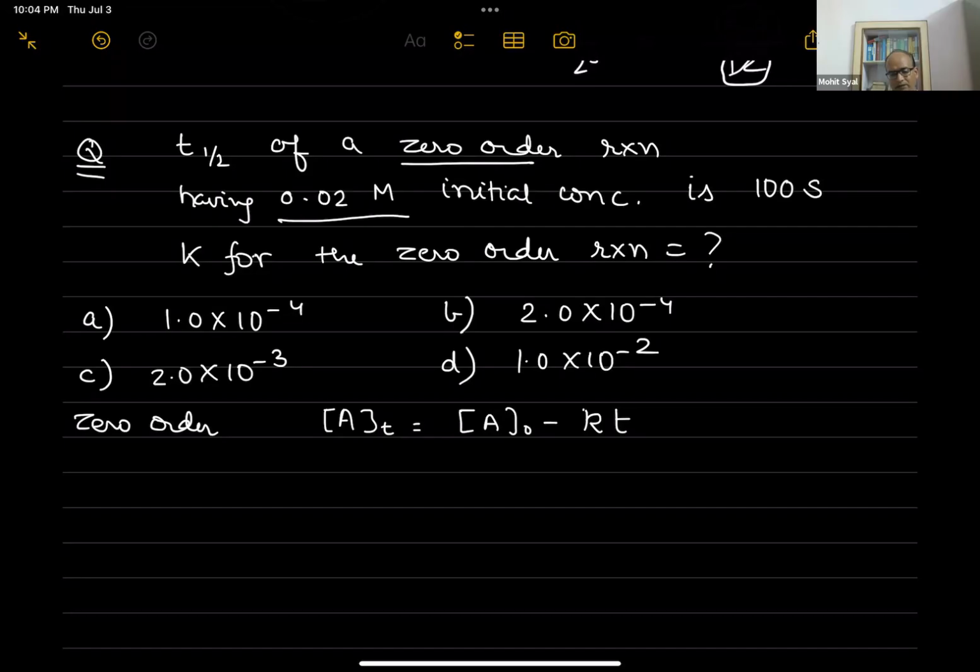Now you will put the values. K is being asked for the reaction.